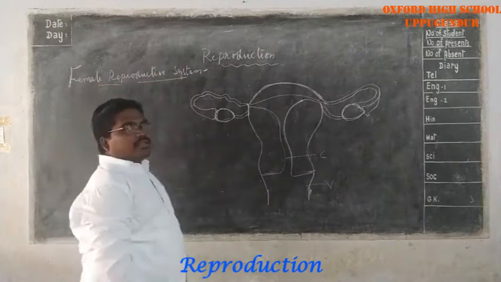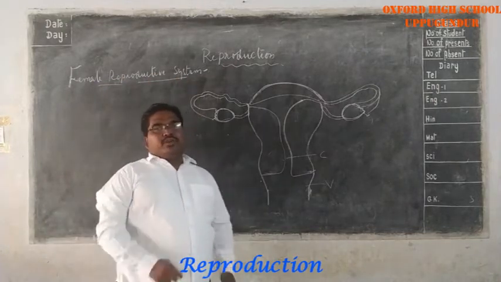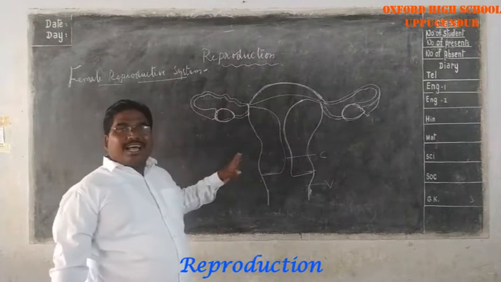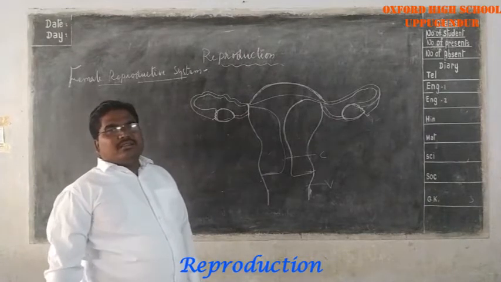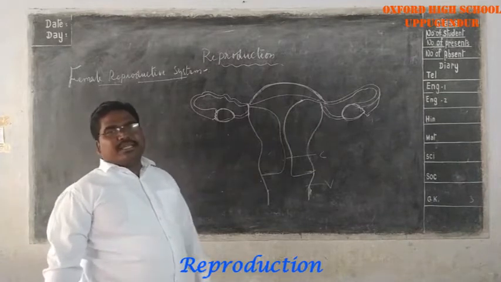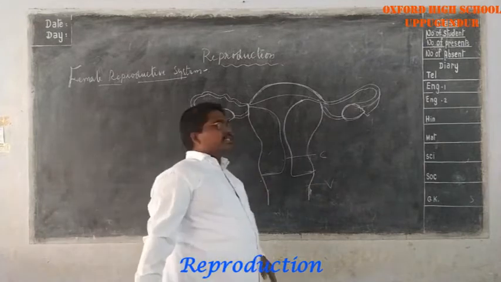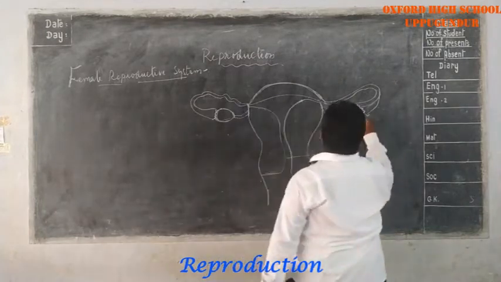Dear students, in the female reproductive system also, there are certain parts and organs, and they perform different types of functions. One of the most important parts we are going to discuss here is a pair of ovaries.